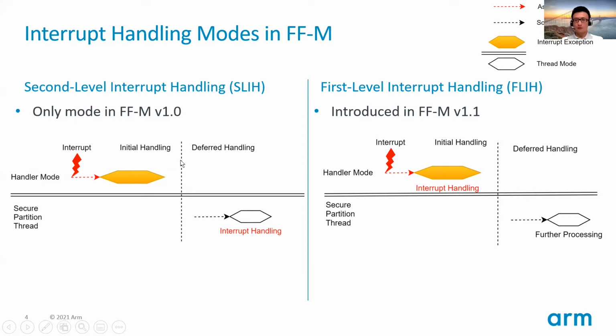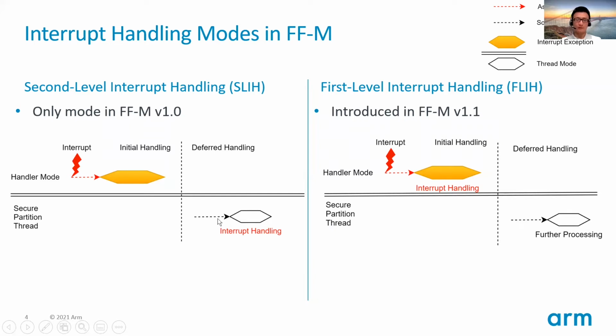The second level interrupt handling is the default handling in the secure partition thread. The initial handling does not really do the handling, but defers it to the secure partition thread.